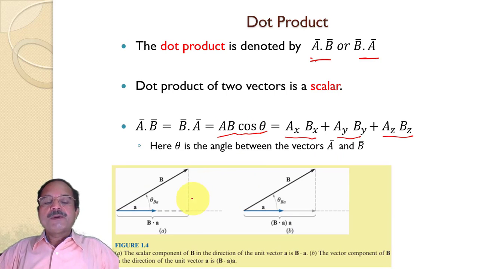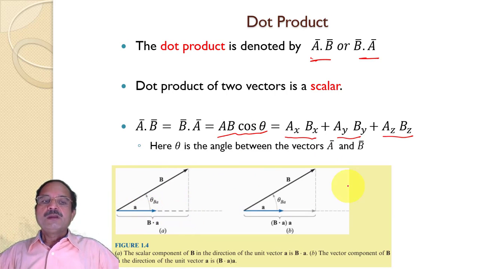Now the application of the dot product is to find the component of one vector in the direction of some other vector. Suppose I have some vector a, and there is another vector, vector b.